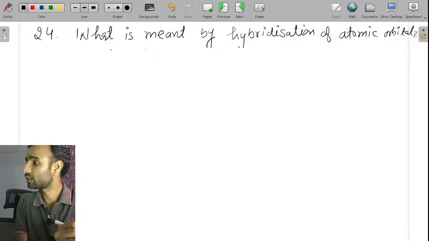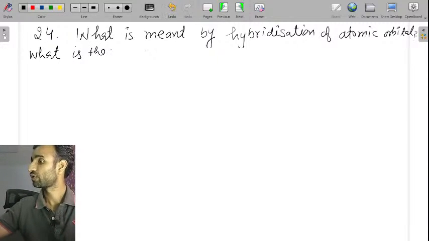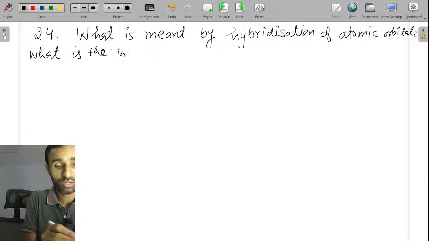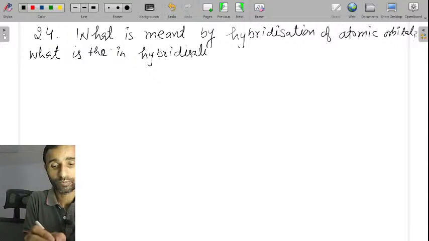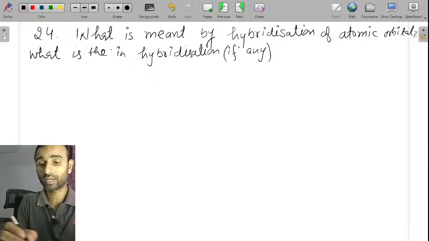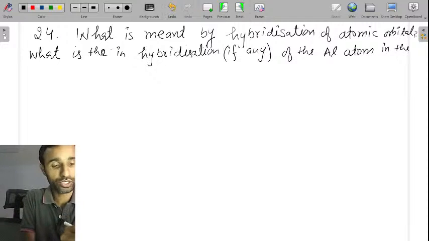And what is the change in hybridization, if any, of the aluminium atom in the reaction?